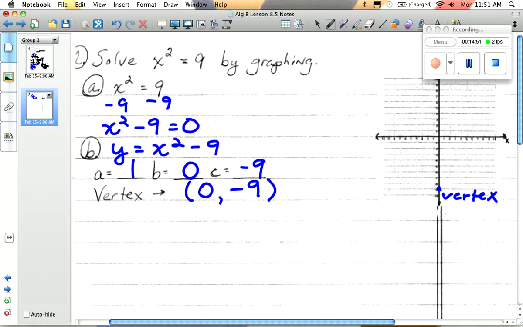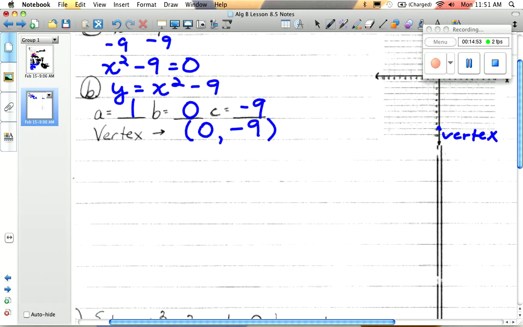Okay, so let's pick some x values that we could use to help us get some more points. So we need some more points. Find other points. This is also our y-intercept, so we can't do that one. So what x value do you want to use? 1. X equals 1, okay.